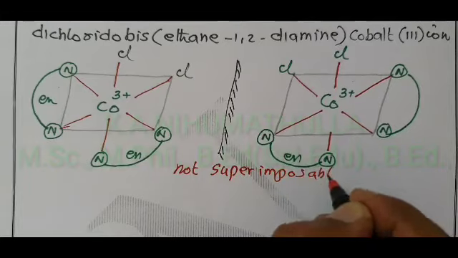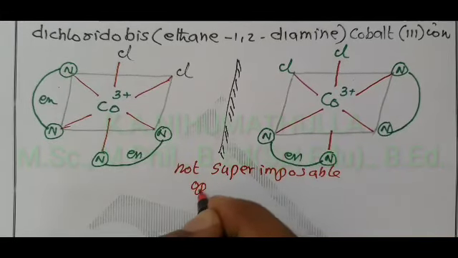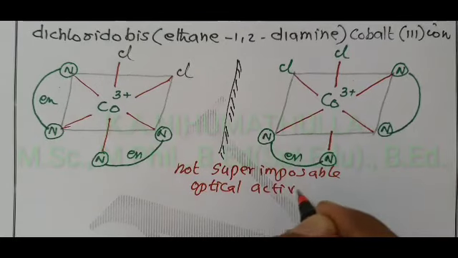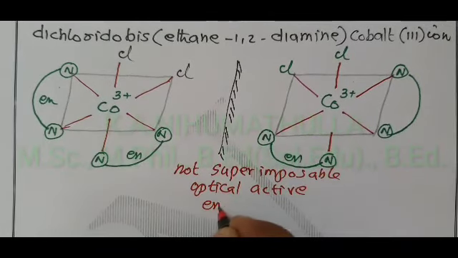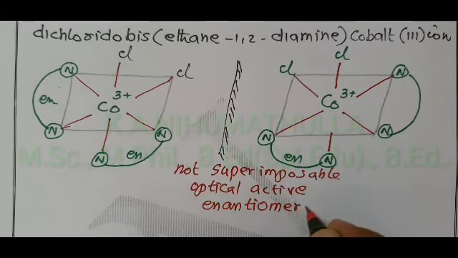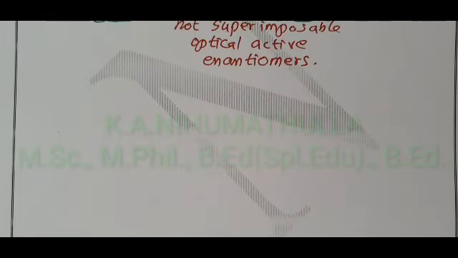Therefore, these are enantiomers. These are optically active compounds, called enantiomers. For the same molecular formula, now I am going to draw the trans form.